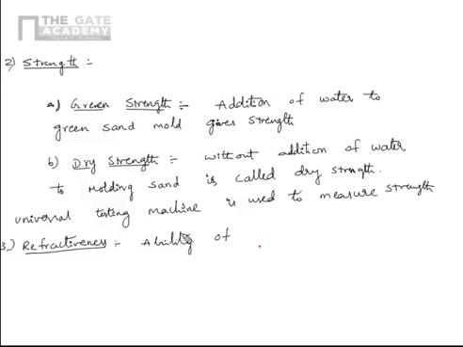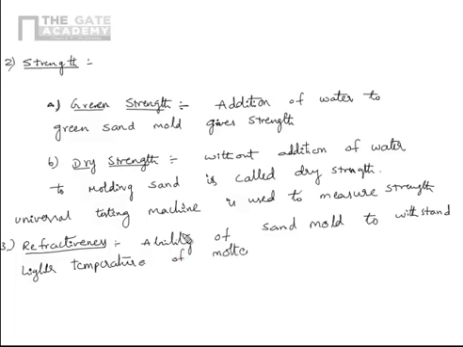Similarly, here we are mentioning refractiveness: the ability of the sand mold to withstand the higher temperature of molten metal without producing cracks in the sand mold is called refractiveness.